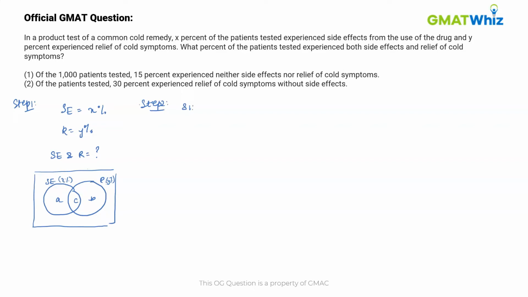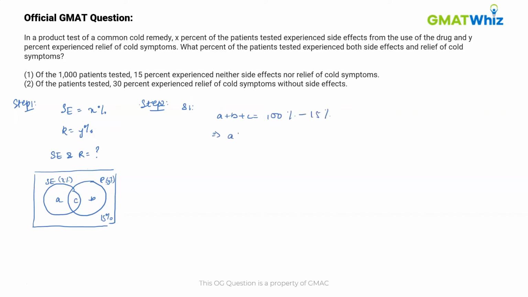So statement 1 tells us that out of the 1000 patients tested, 15% experienced neither the side effects nor the relief of cold symptoms. So we have the percentage of the part outside the entities. So the part inside the entities will be equal to A plus B plus C equals 100% minus 15%.